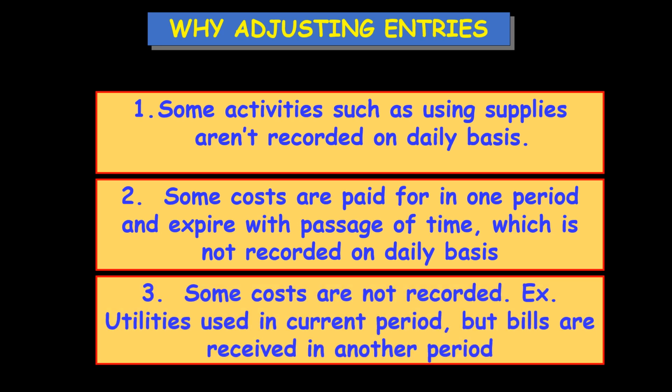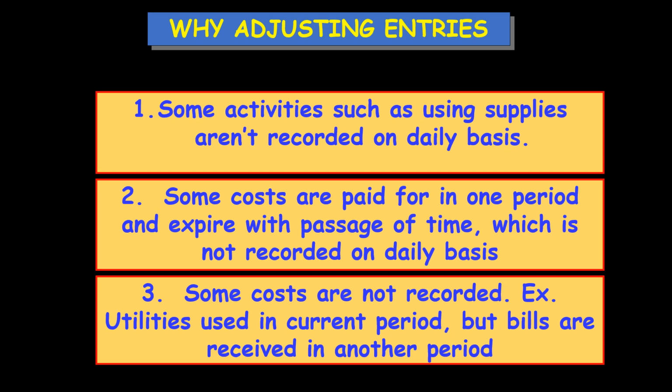The third reason is that some costs are not recorded at all. For example, utilities. Those utilities are being used, say, in the month of January on a daily basis. Utilities are like water, heating, and electricity. They are used on a daily basis, but the bill might arrive in another accounting period, which is February, for example.